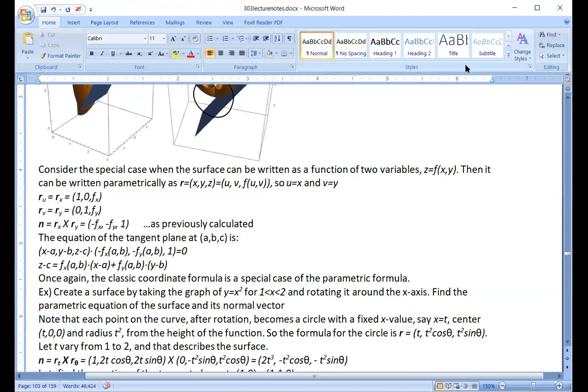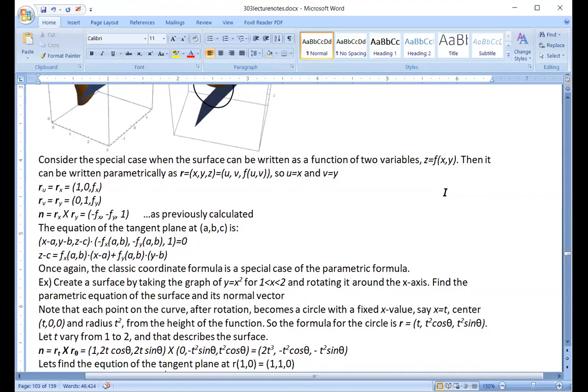And then one last bit, let's also find the equation of the tangent plane at this particular point. When (u, v) equals (1, 0), our point on the surface, if you plug that into the formula, would be (1, 1, 0).